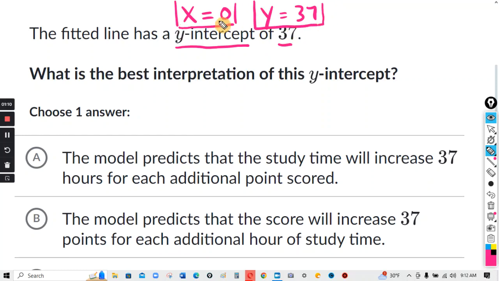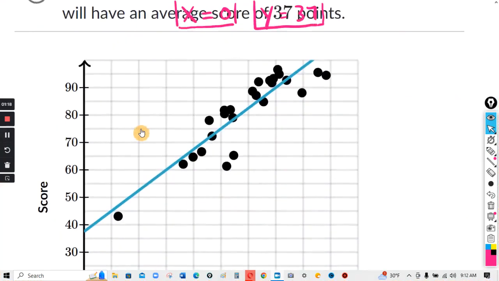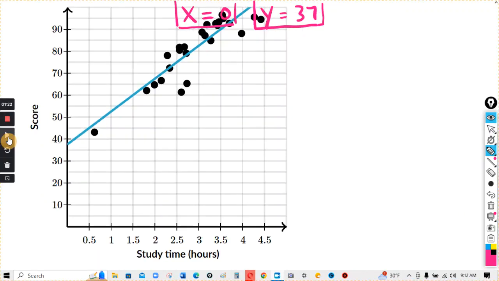So in order to interpret this, we are going to have to look at the graph. If you scroll down to the graph, we can see the x-axis here is study time in hours, and the y-axis here is the score.